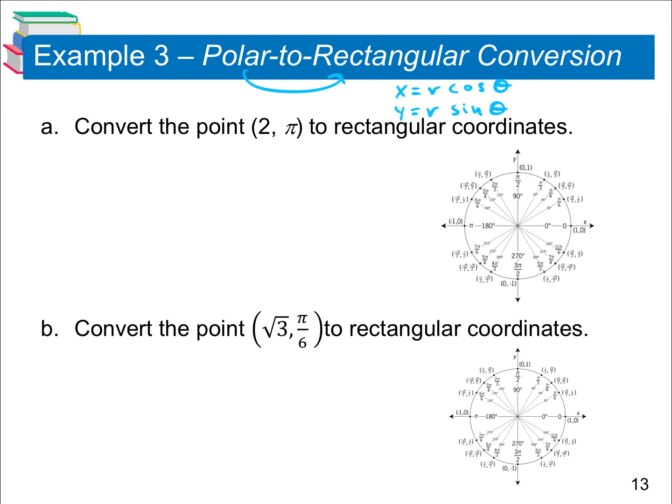So let's find our x coordinate first. We have x is equal to, what's our r? 2 times cosine of pi. This is our r, this is our theta. So what do you think I need to do next?